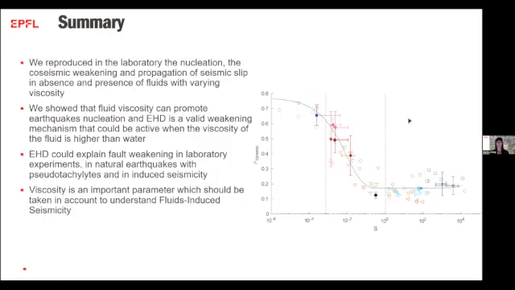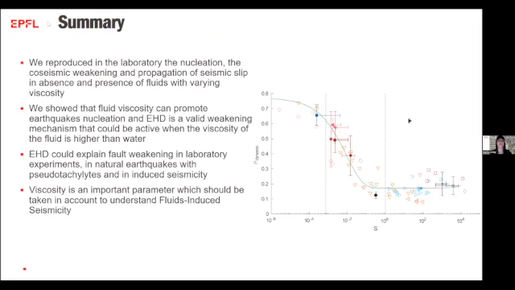So if I try to summarize this part, what I show you is that we reproduce in the lab the nucleation and a little bit more the co-seismic weakening and propagation of seismic slip in absence and in presence of fluid with varying viscosity.